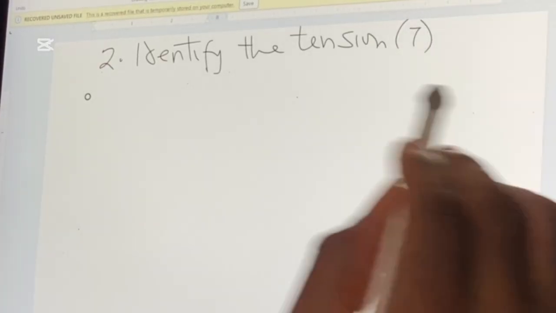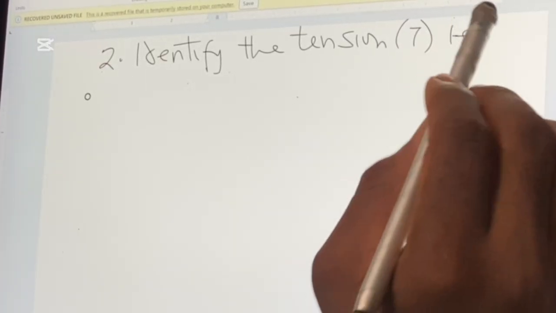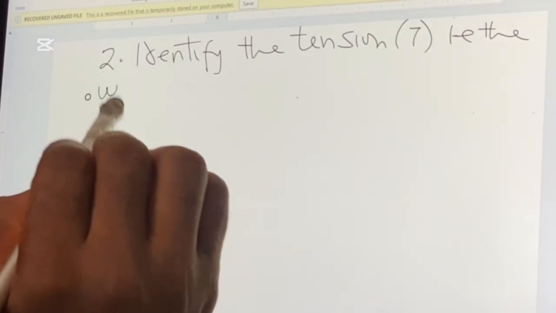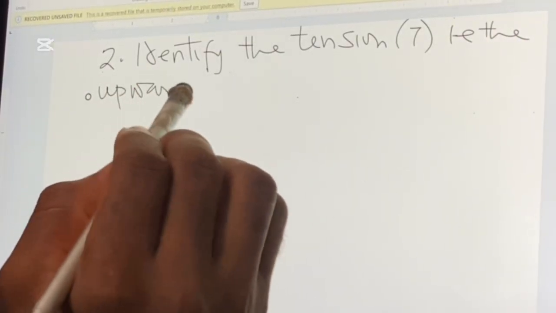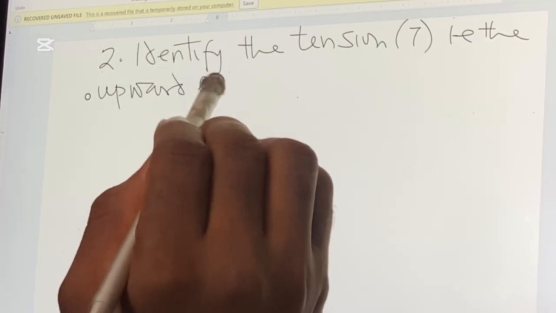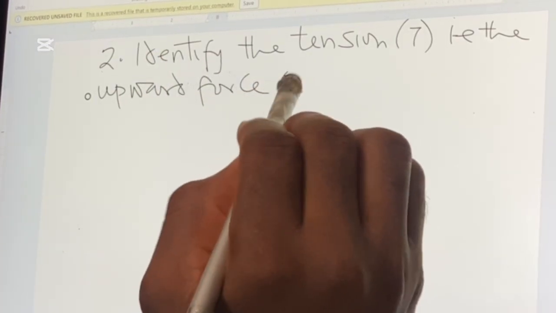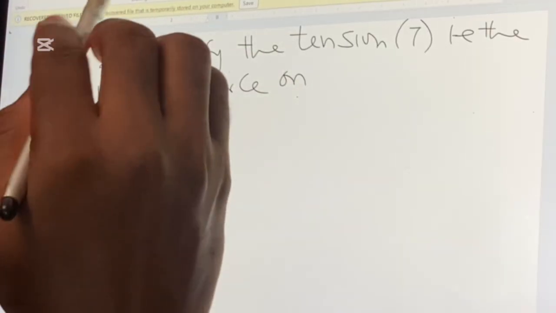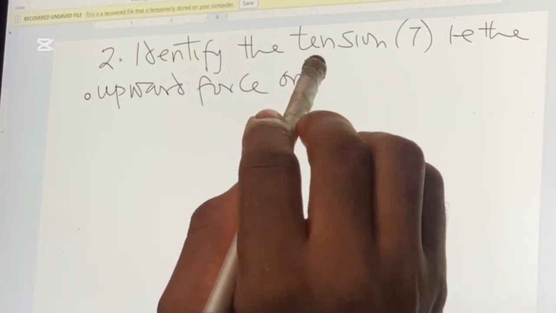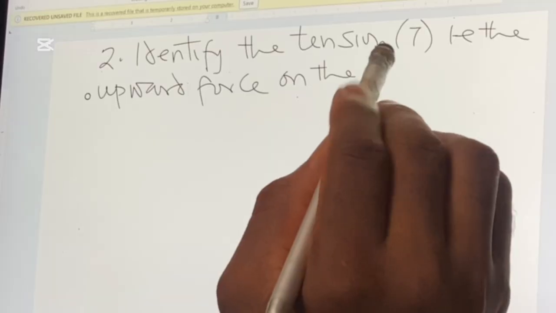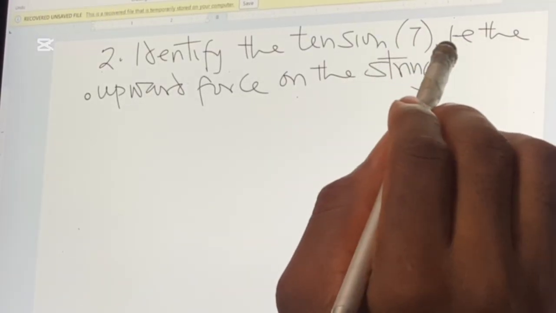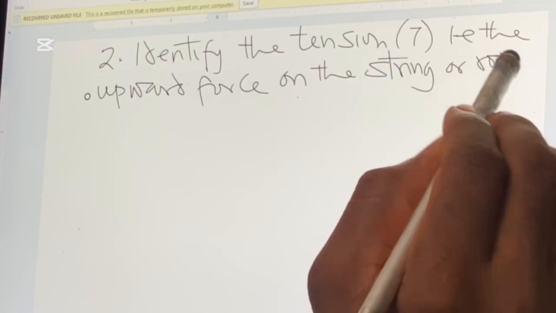Identify the tension T, that is the upward force on the string or rope.